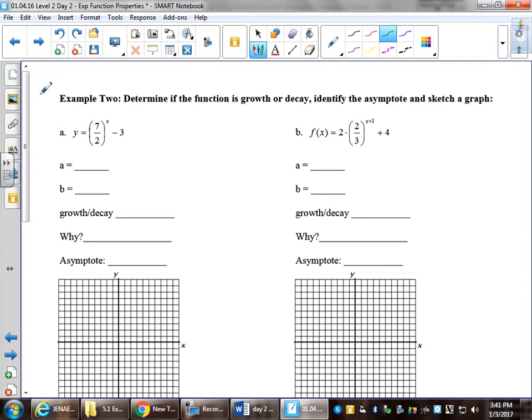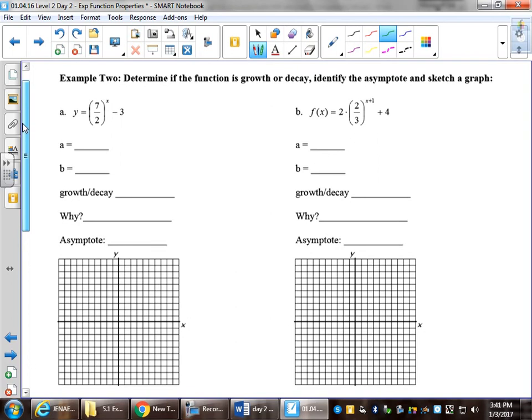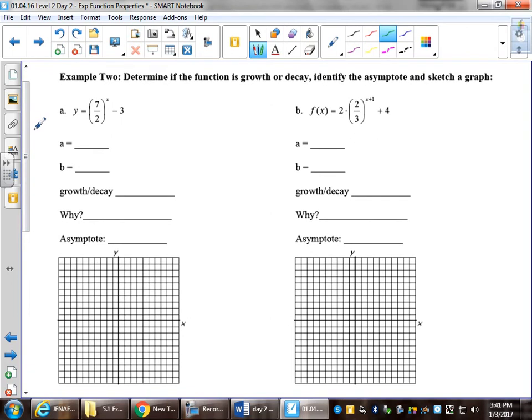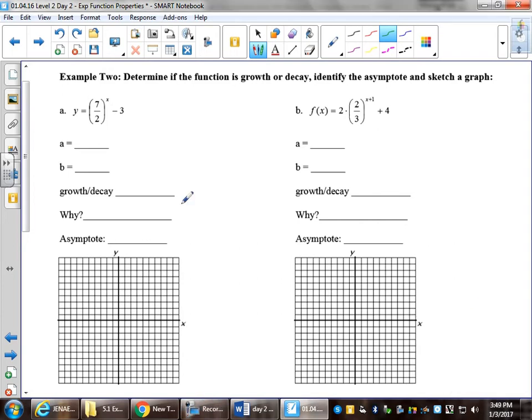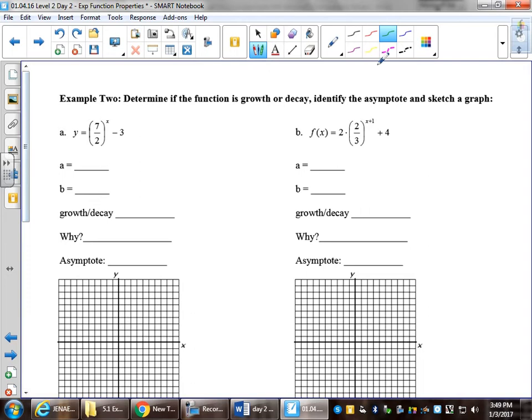Example 2. Notice we are now going to hold ourselves a little more responsible for even more of the characteristics and knowing what to look for. So example 2 says, determine if the function is growth or decay, identify the asymptote, and sketch a graph. The best thing we could do to help ourselves out is at the top actually write the original function, but without numbers, just the variables.